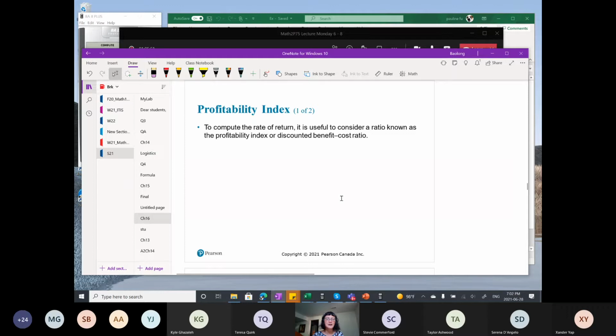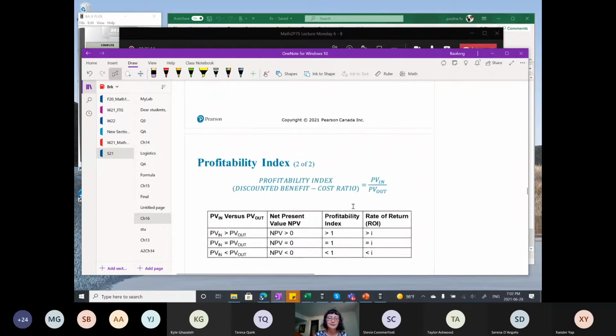So now let's introduce profitability index. This profitability index is also called discounted benefit cost ratio. When you evaluate a project, you may consider what is the benefit, what is the cost, and do the ratio.